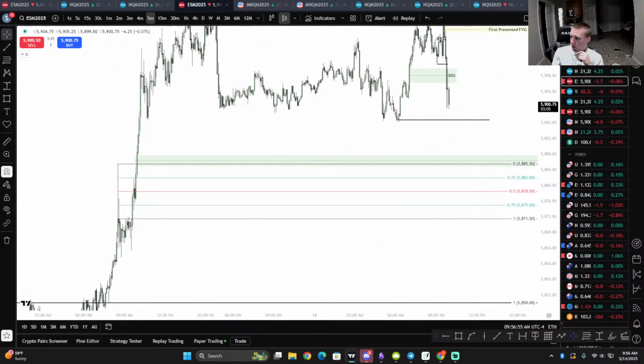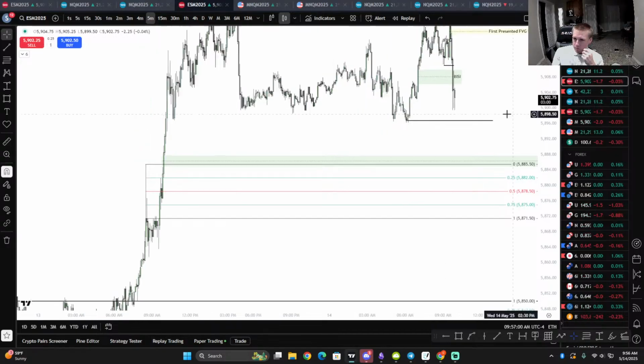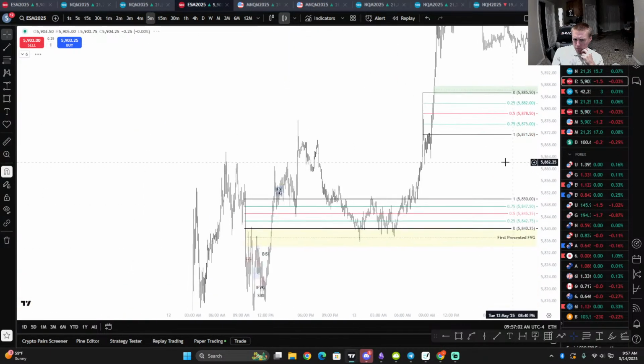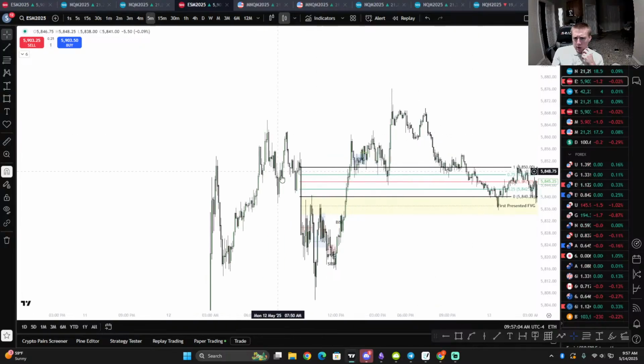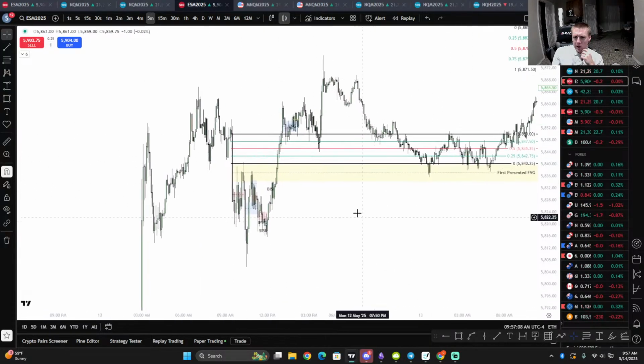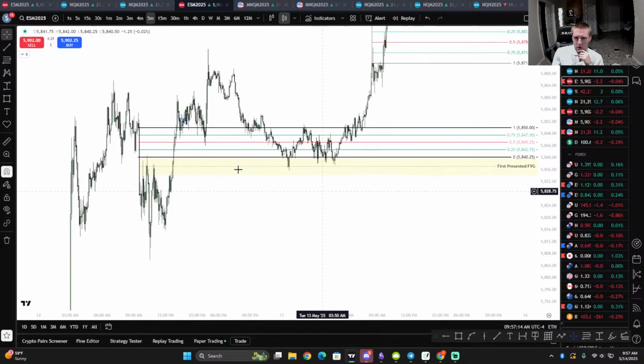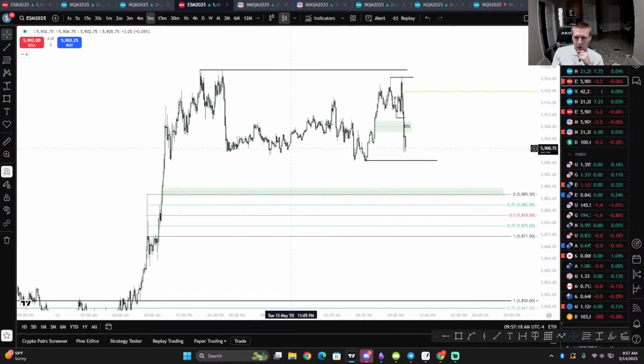Those are all discount draws for ES. Also note this fair value gap here. That was a displacement fair value gap that we want to extend. And then look at first presented fair value gap of the week, using that.